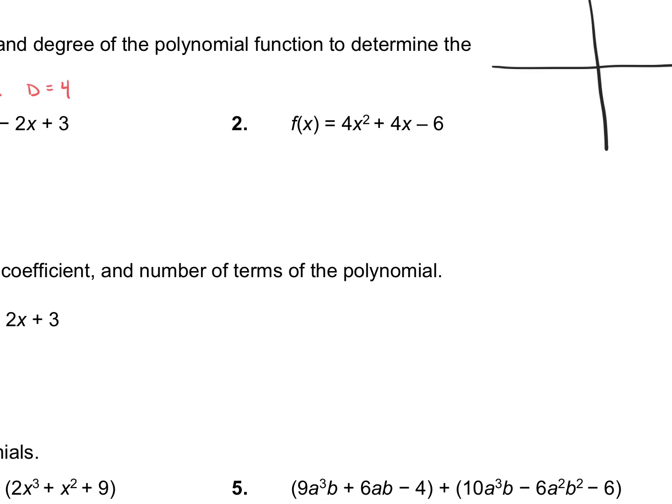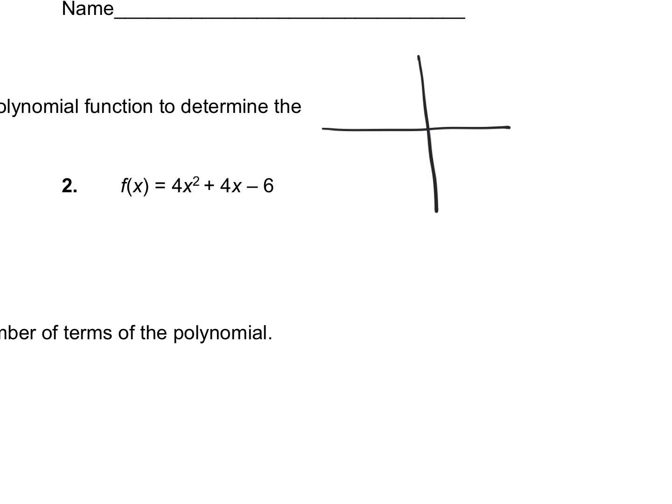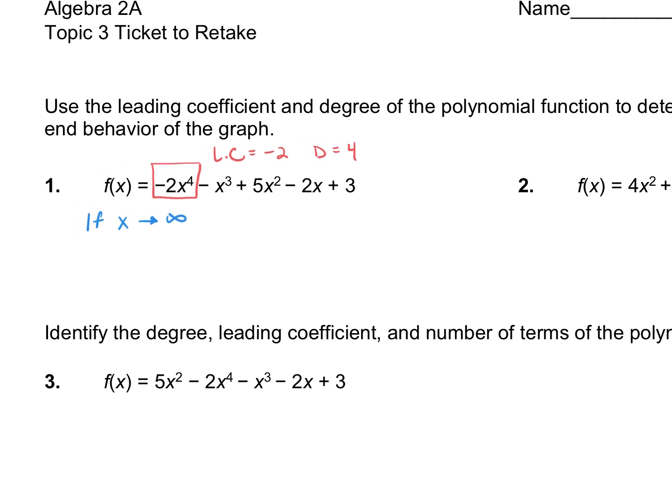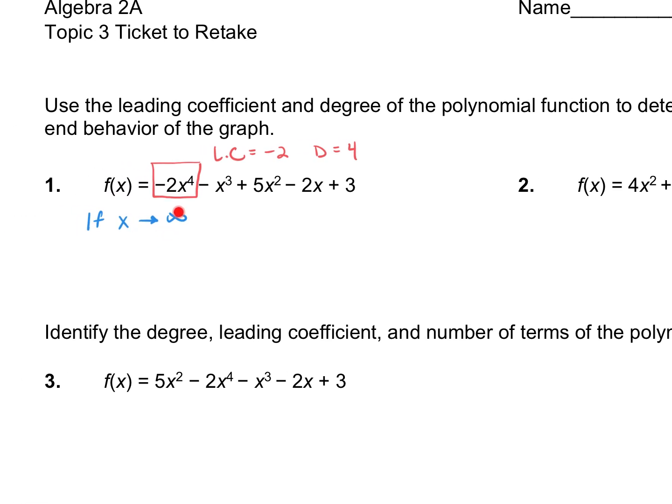Now if I come back over here to this little coordinate plane, x approaching infinity is the right side of your graph. That's where your x's are getting bigger, approaching infinity.